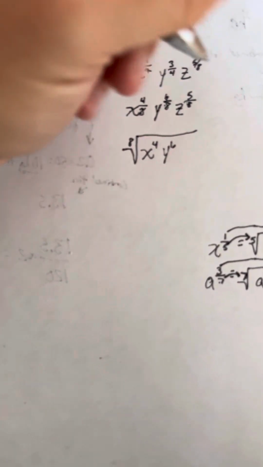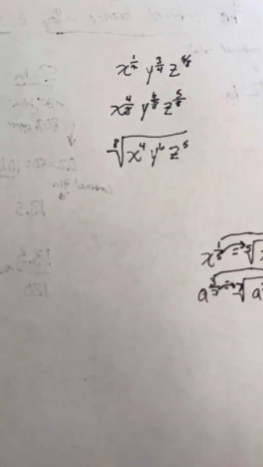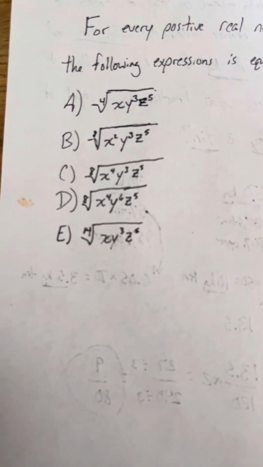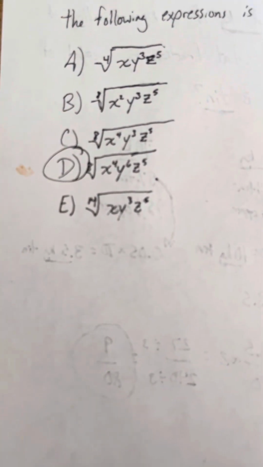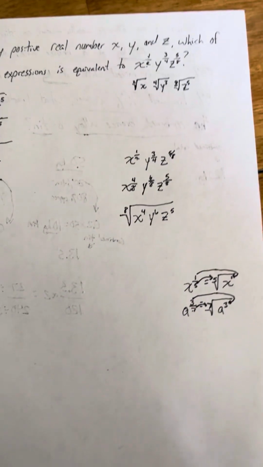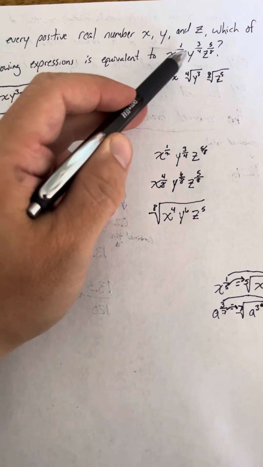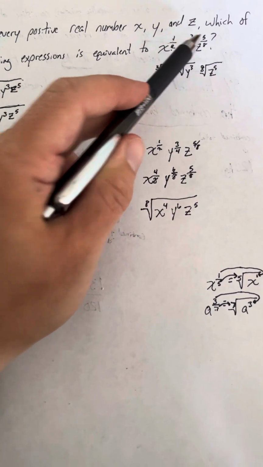And z has a numerator of 5, so that is z to the 5th. So we have the 8th root of x to the 4th, y to the 6th, z to the 5th. If I look over here, that makes my answer D. Okay, so the fact you have to remember again is your denominators are your roots, your numerators are your powers.